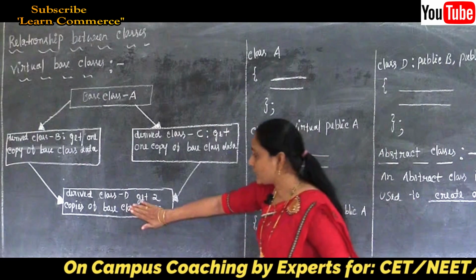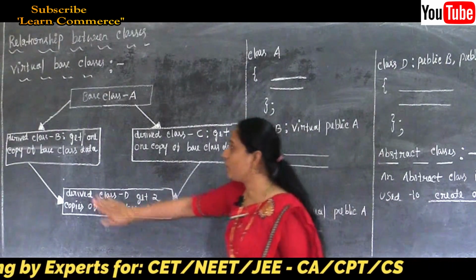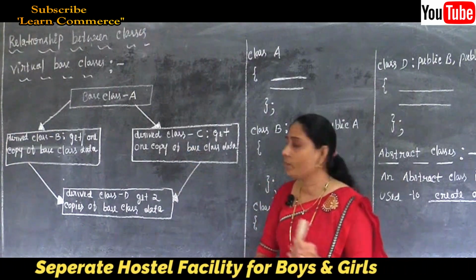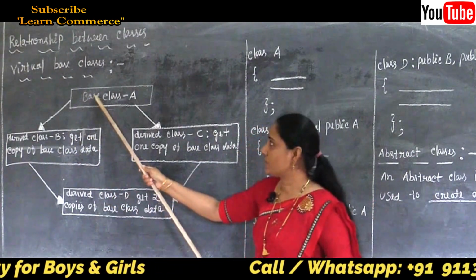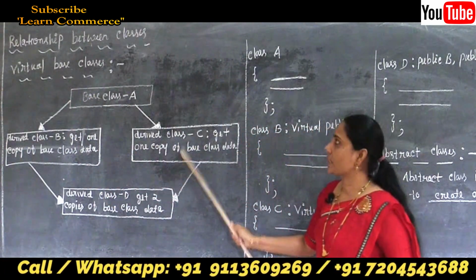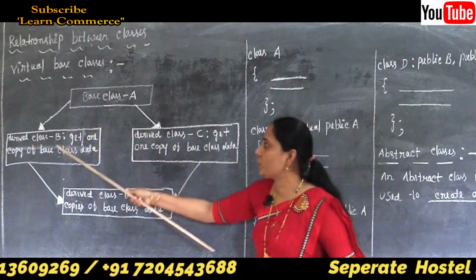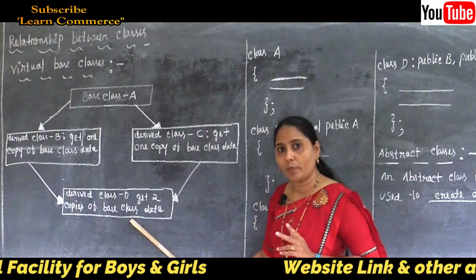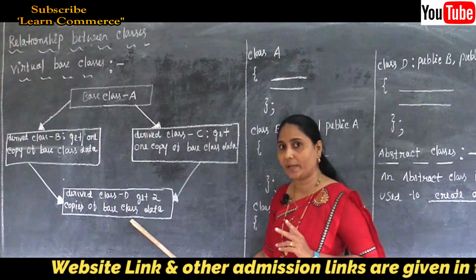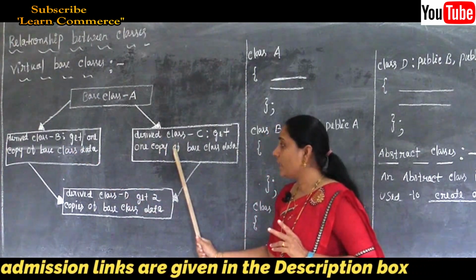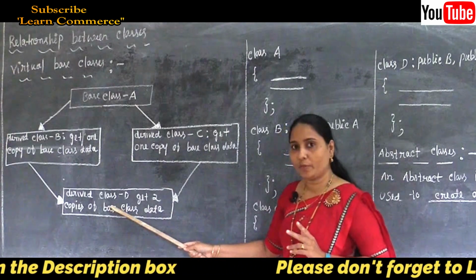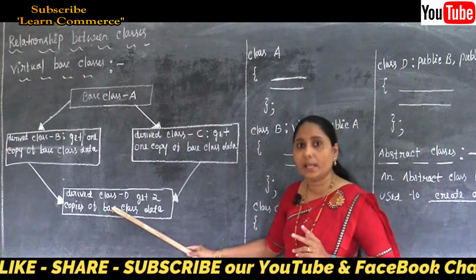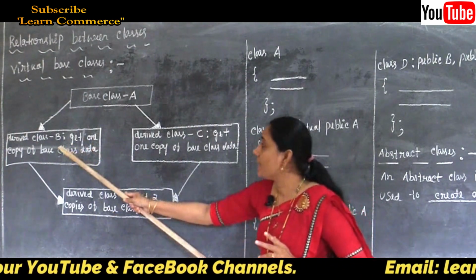This class is constructed using B as well as the C class. This class is constructed using A, and this class is also constructed using A. That means it is going to get 1 copy only, but here it is going to get 2 copies, because this class is constructed using B and C. Now suppose the member function of the derived class D wants to access the data member of the base classes.